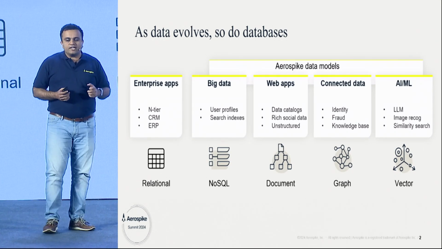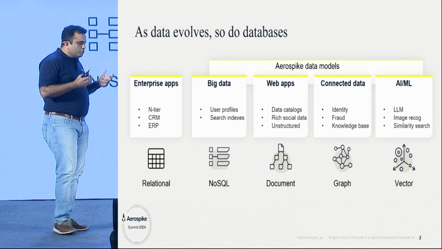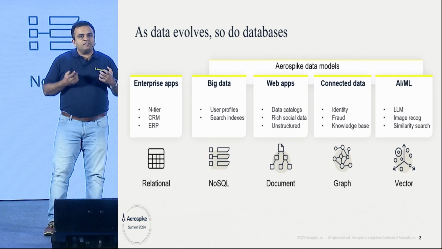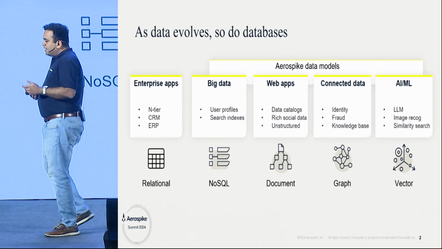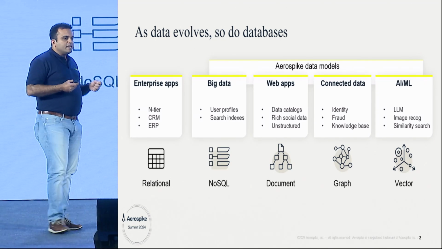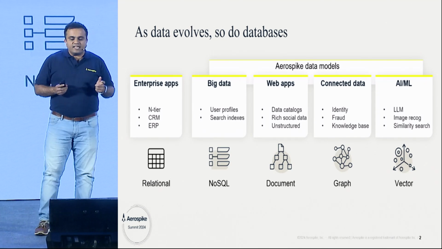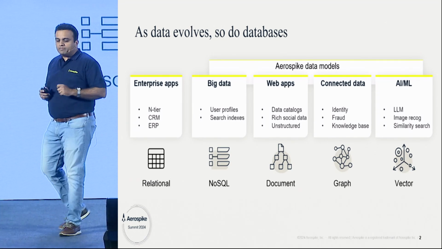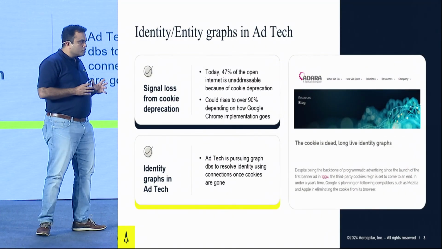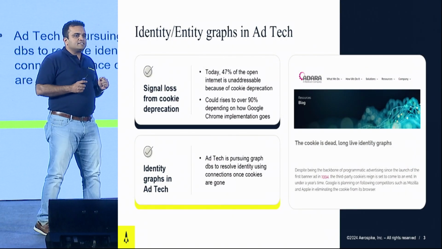My talk today is going to focus on how you persist connected data, have the ability to traverse it, and how you can do dynamic data management using graph databases and derive real-time insights out of that. I'll focus on a couple of industry examples.